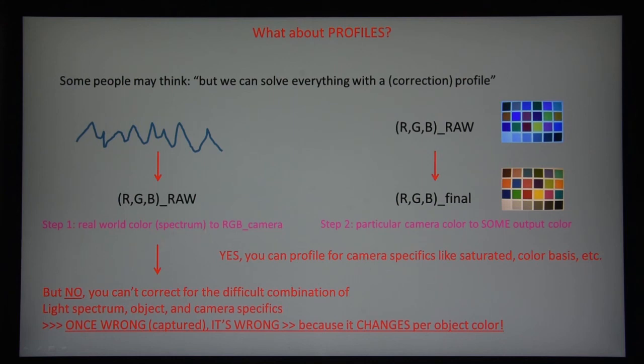What you can do with the profile is, of course, if your camera gives on average something which is too blue, you can make it a little bit more yellow in your color management profile. So no, you can't correct for how the camera behaves. There will always be some color errors. End of story. Unless you change them pixel by pixel in the software, so to speak. Worst case, of course.